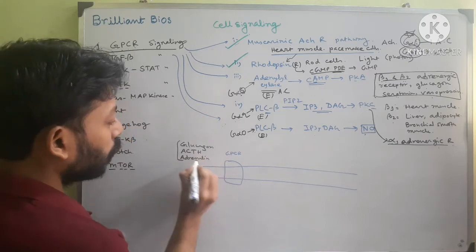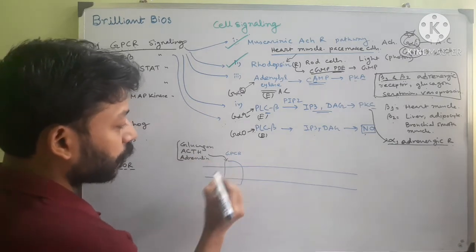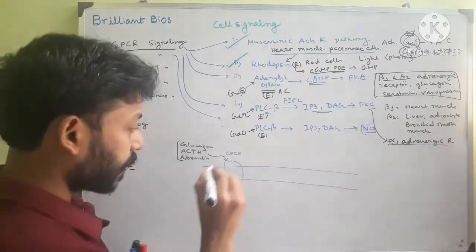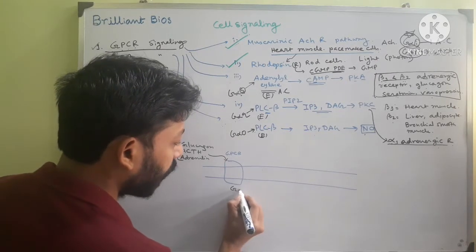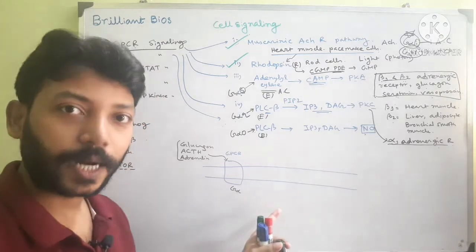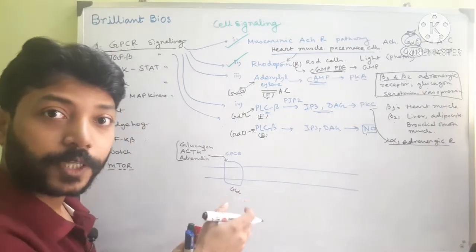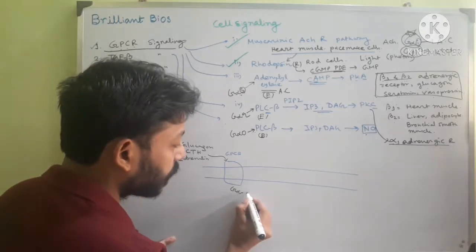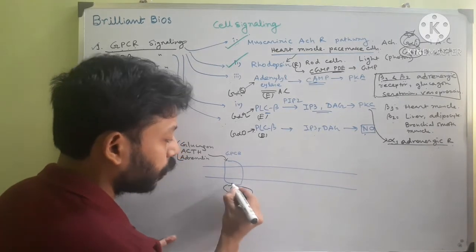These three hormones bind with a G-protein coupled receptor that is associated with a trimeric G-protein that has alpha, beta, gamma. The alpha subunit of the G-protein is actually a stimulatory protein. You have to remember this.